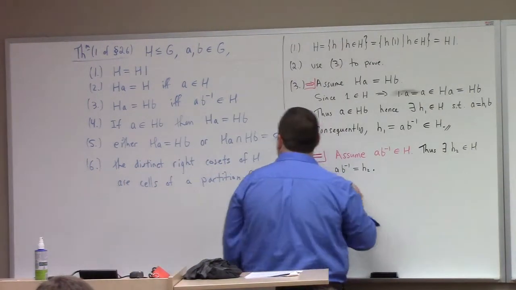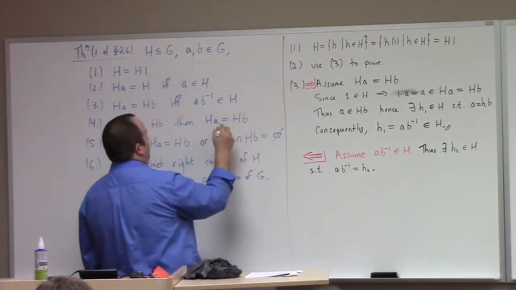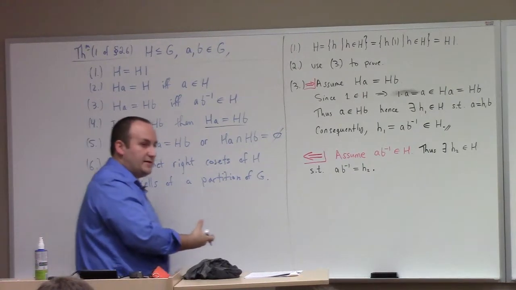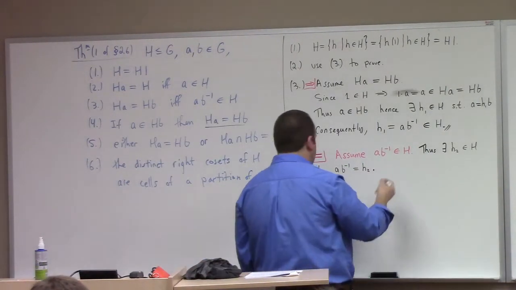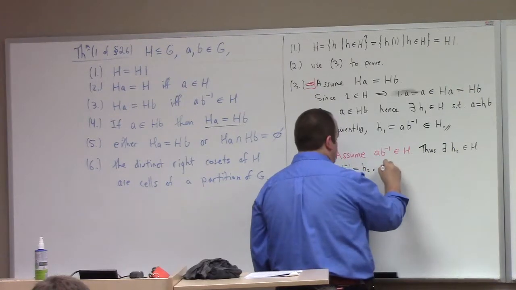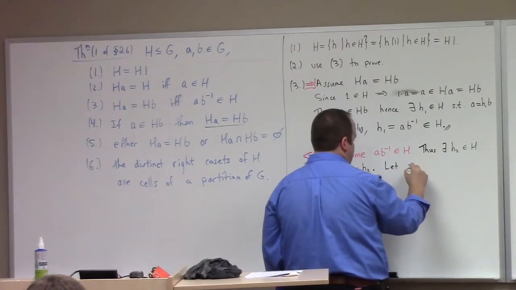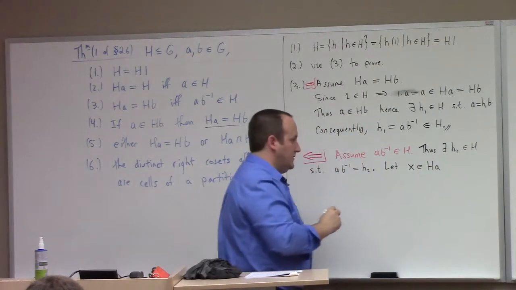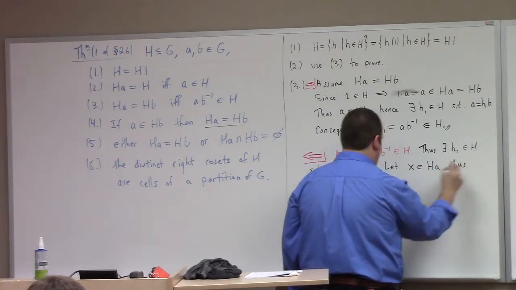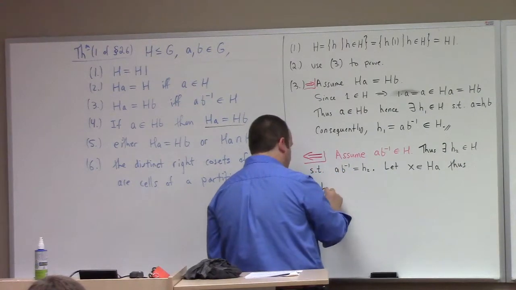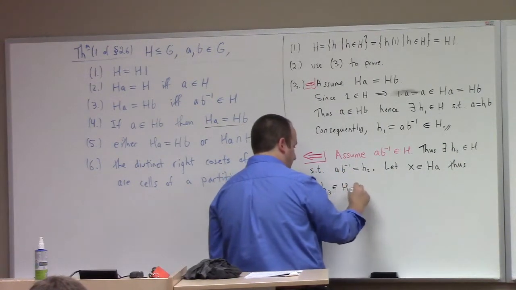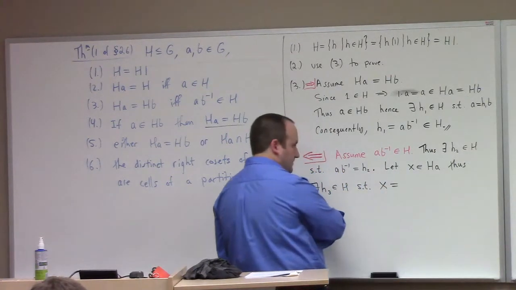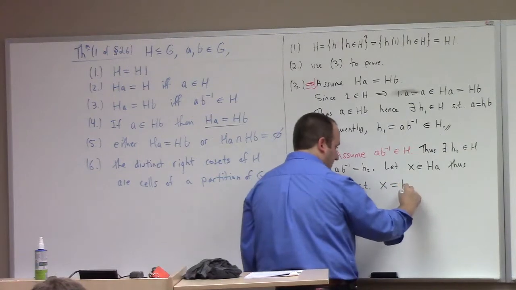And then I'm trying to show these two sets are equal. How do I do that? How do you show sets are equal? You pick a point in one, and you try to show it's in the other. That shows one subset. There are various ways, but let x be an element of Ha. Thus, there exists h3 in H such that x is equal to h3 times a.